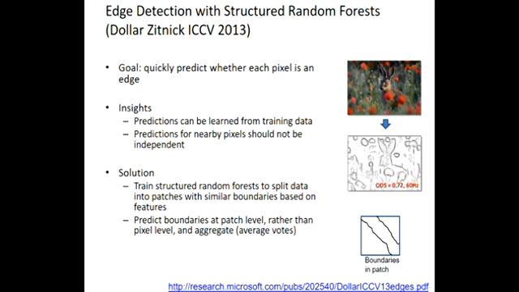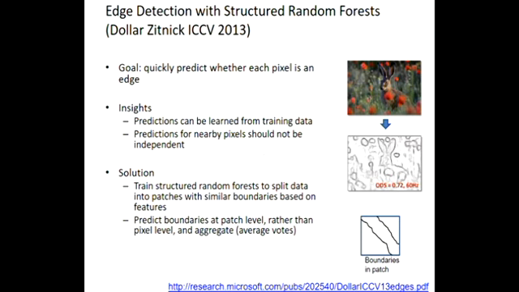They want to learn to say, looking at a patch around a pixel, is this an edge pixel or not? And you don't really want to compute this independently for every pixel, because then you'll end up with a bit of a blurry mess of predicted edges. You want some kind of coherence in your prediction. And so they use something called a structured random forest.